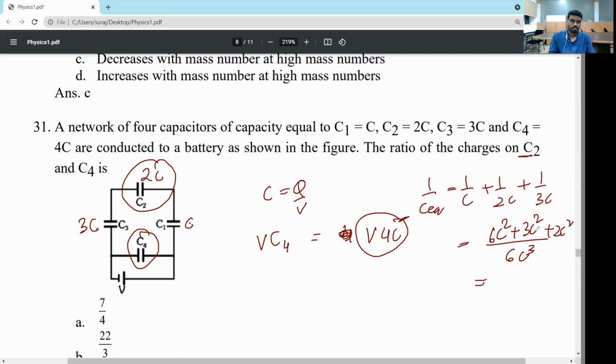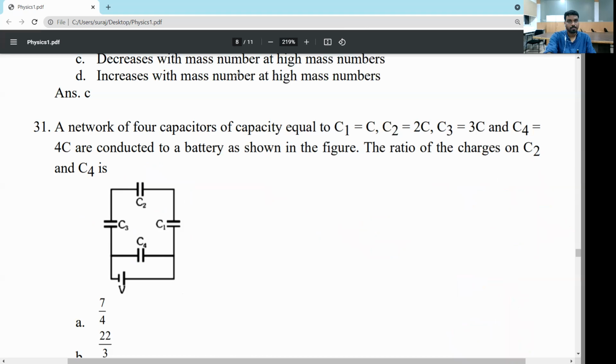This becomes 11 by 6C equal to 1 by C equivalent. C equivalent will be 6C by 11. Okay. Once you got C equivalent, V is there, you can find Q equivalent, and the same charge will be there because all three are in series.